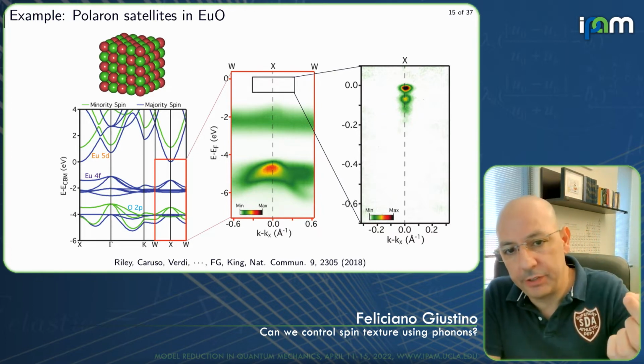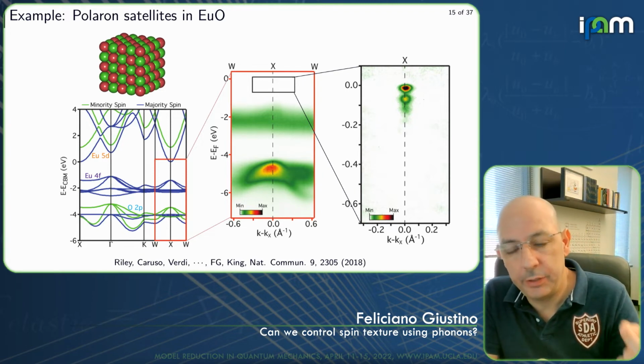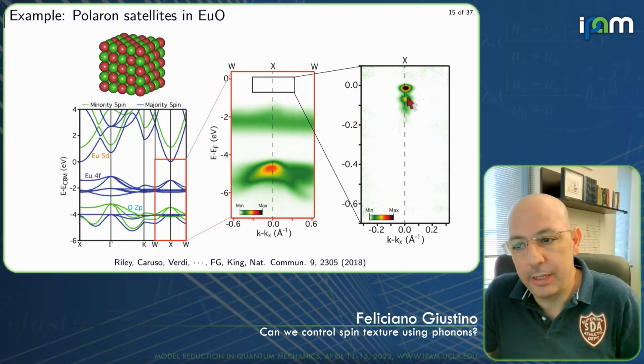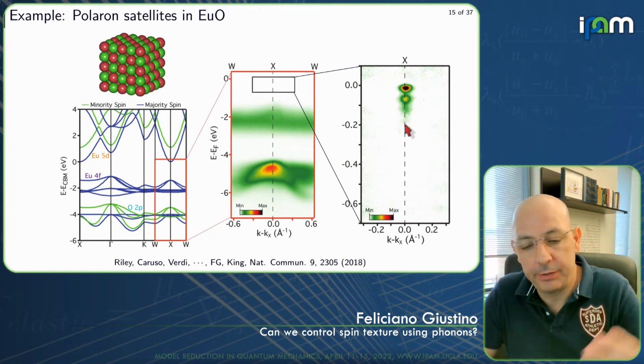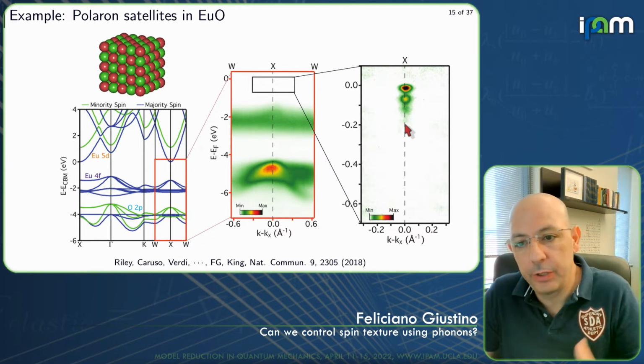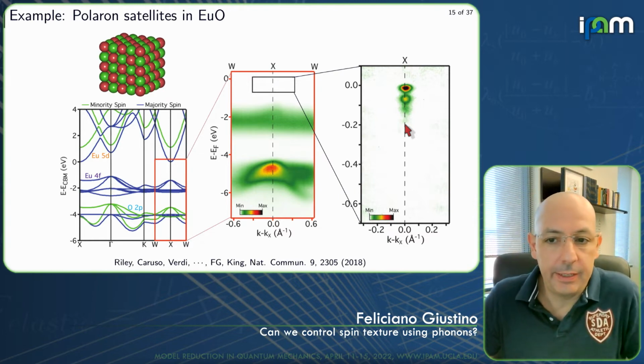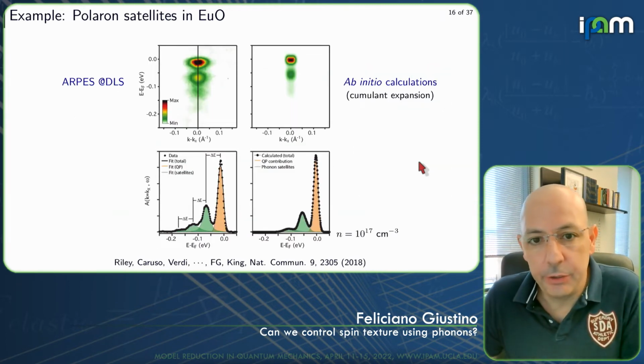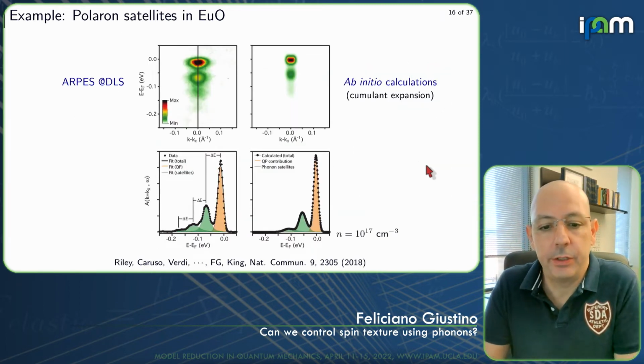In the process of extracting an electron, the system can emit or absorb a phonon, and therefore you also have electrons accompanied by a phonon, or two phonons, or three phonons, and so on. So this is essentially correlation effects between electrons and phonons that are not captured by things like density functional theory, for example.